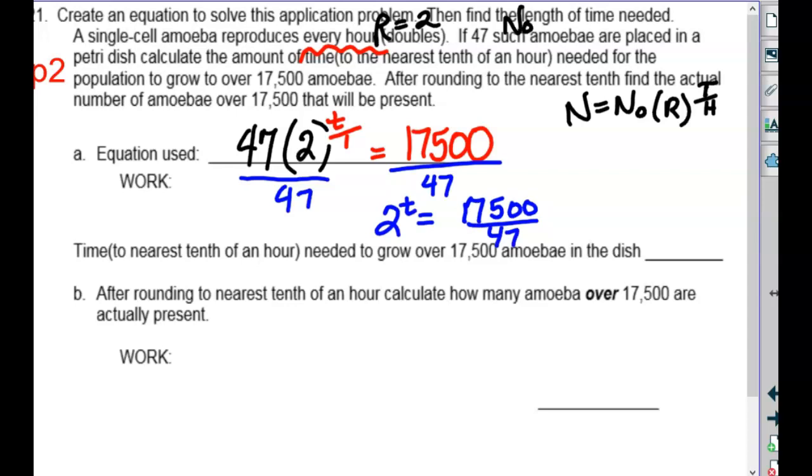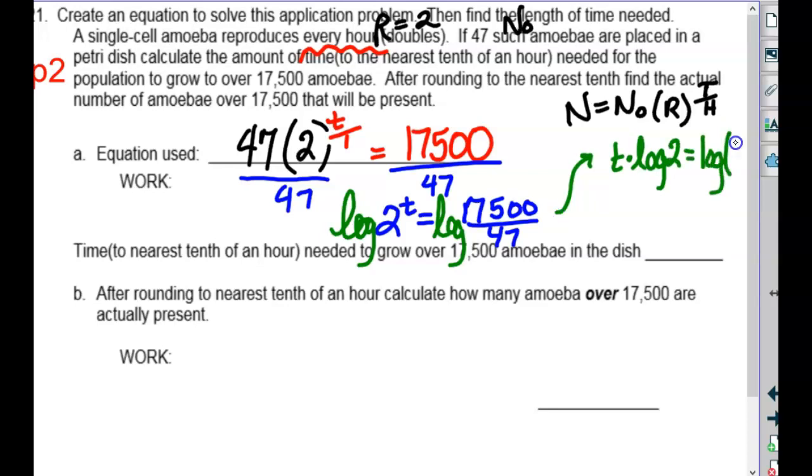Whenever x is in the exponents, we have to take the log of both sides, whatever kind. So now if I bring the t out in front, I would get t times the log of 2 equals the log of 17,500 over 47. Then what am I going to do to find t by itself?